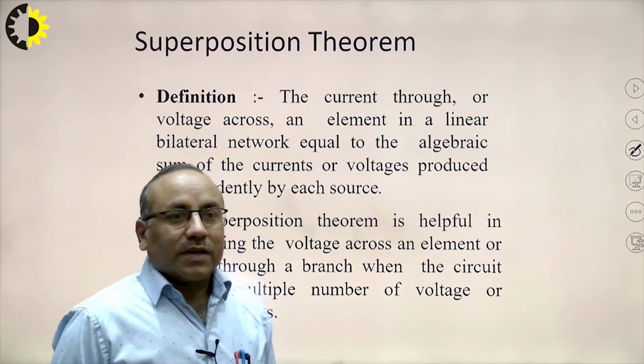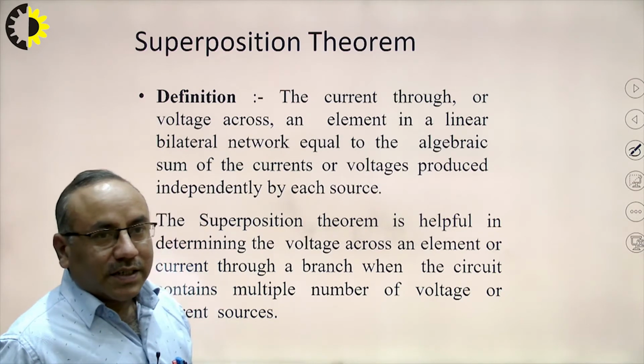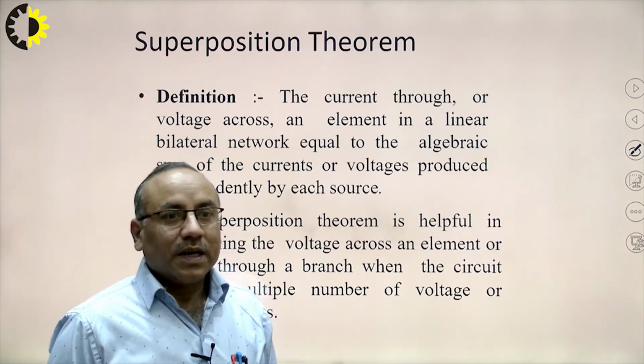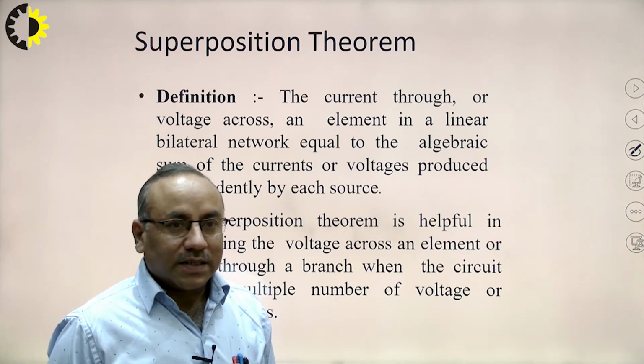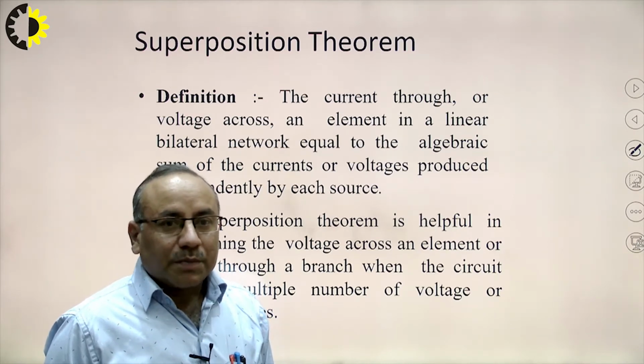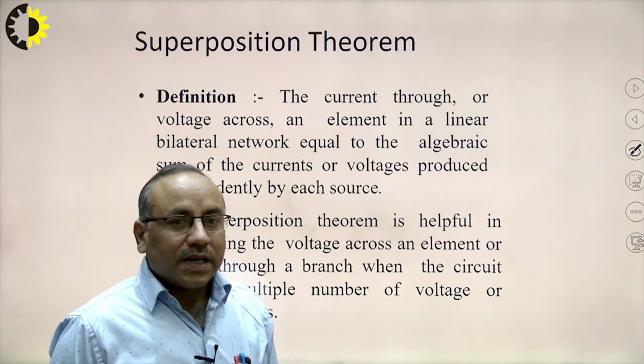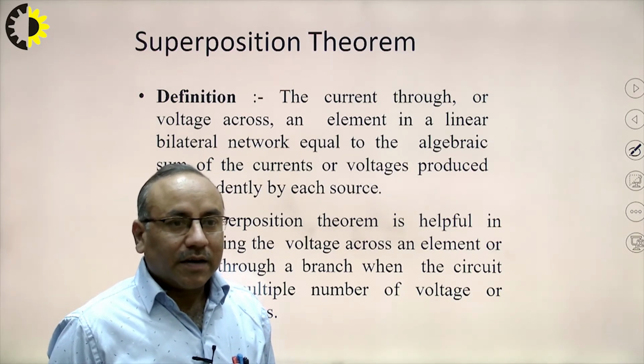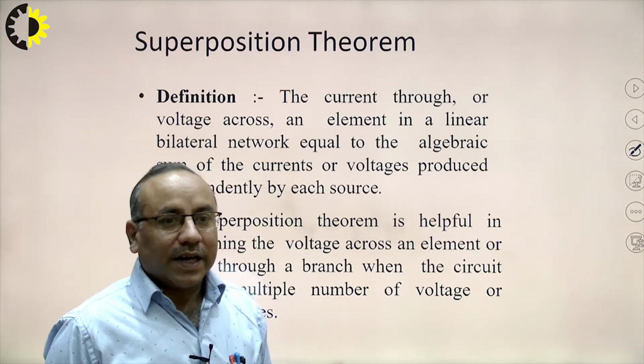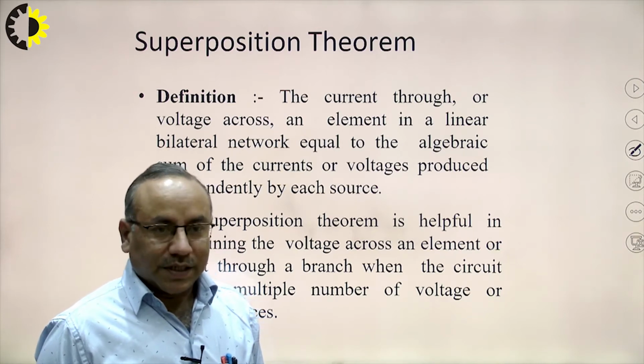This is regarding the definition of the superposition theorem. Now, by applying this theorem, what advantage do we get? The superposition theorem is helpful in determining the voltage across any element or the current through a branch when the circuit contains multiple voltage or current sources.